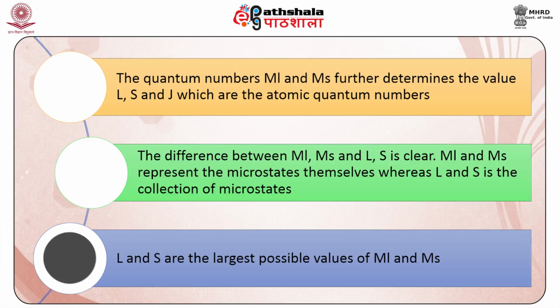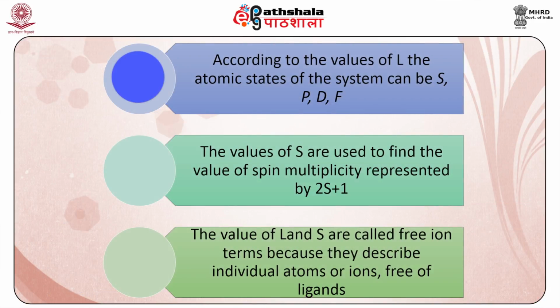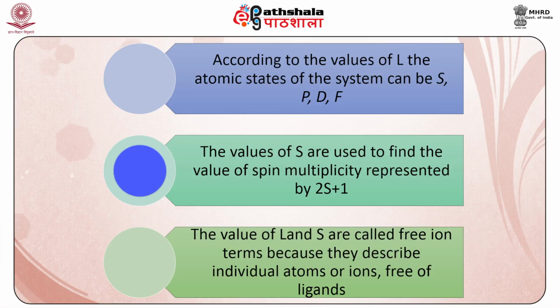Capital L and capital S are the largest possible values of ml and ms. According to the values of capital L, the atomic states of the system can be capital S, capital P, capital D, or capital F. The values of capital S are used to find the value of spin multiplicity, represented by the formula 2S plus 1.